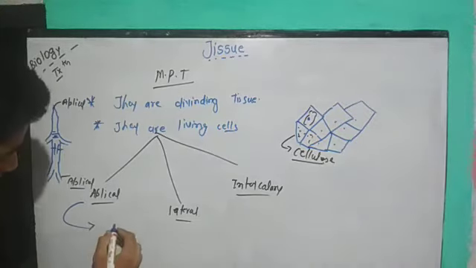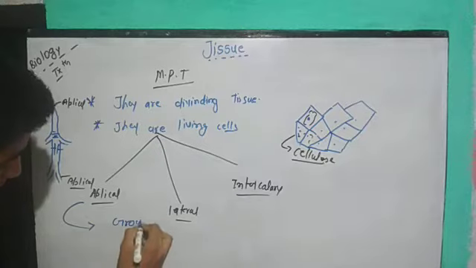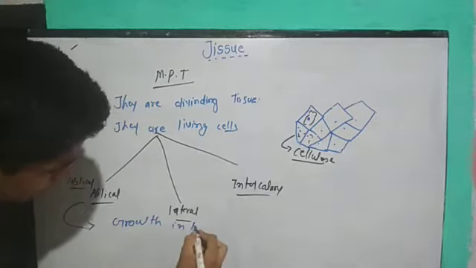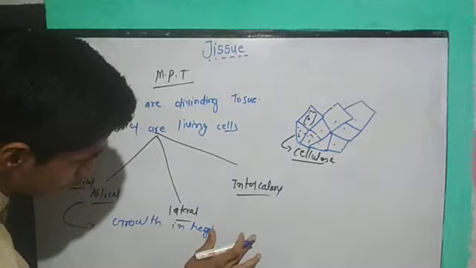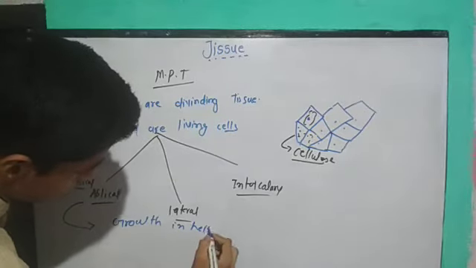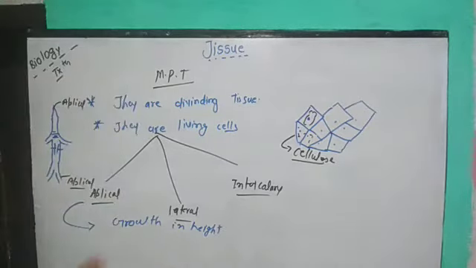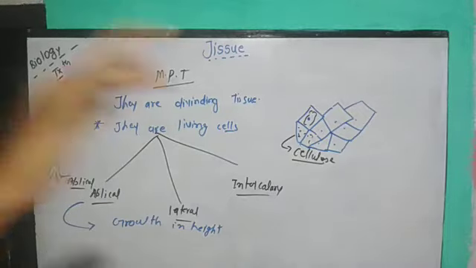First function is growth in height, which is mostly done by apical meristematic tissue.